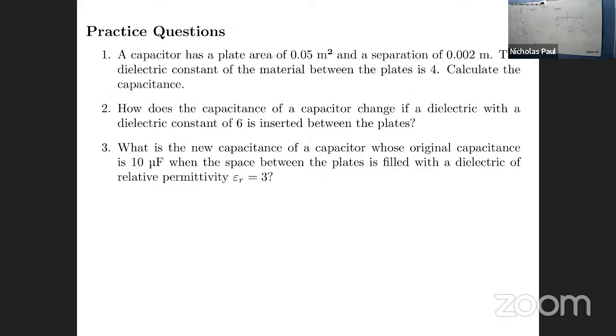Number 3, try that quickly. Vinay, try number 3. Write down what you have, see what's changing, it might help you.